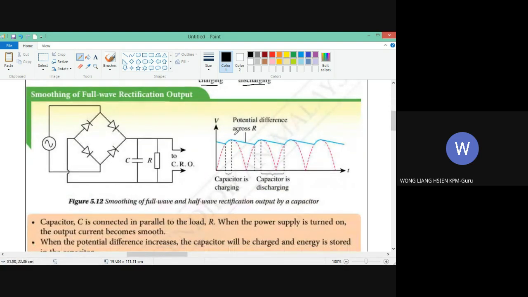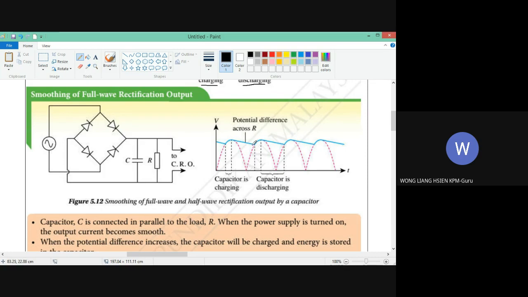You see, if you connect the capacitor here, in parallel, okay, the capacitor must be connected in parallel with the load. Then you see the alternating current goes up, it charges the capacitor, and then when the alternating current wants to go down, it will be supported by the capacitor.